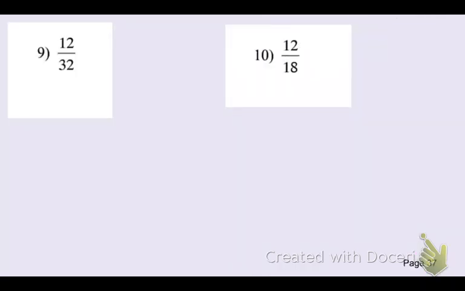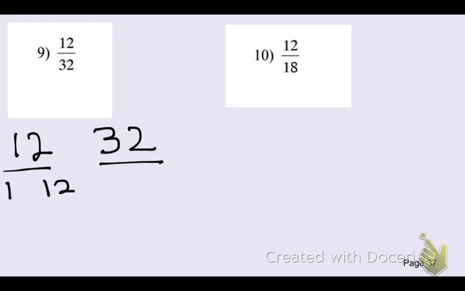All right, so let's work on our next 2 problems. This is in your math book, where we're going to start with number 9. So we need to first find the GCF of the numerator and the denominator. So we have 12 and 32. So I need to list out all the factors of 12, which I have 1 times 12, 2 multiplied by 6, and 3 multiplied by 4.